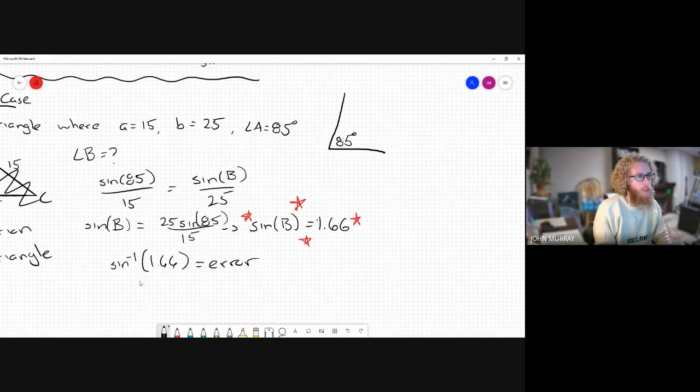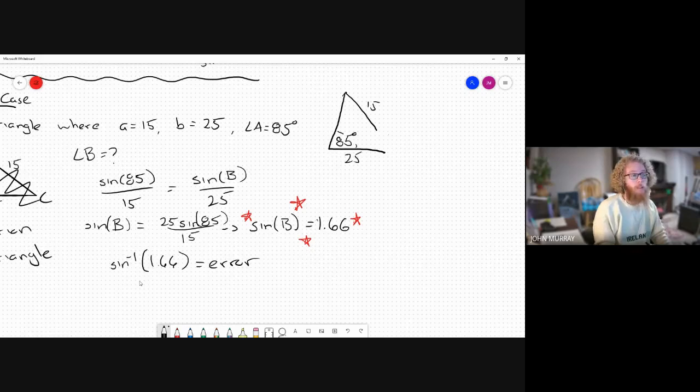And no matter where your B is, 25, if it's up here or down here, if I have an opposite side of 85 that's only 15, it would never meet. Okay, so here we've seen mathematically why it's impossible. I can't take the inverse sine of 1.66.